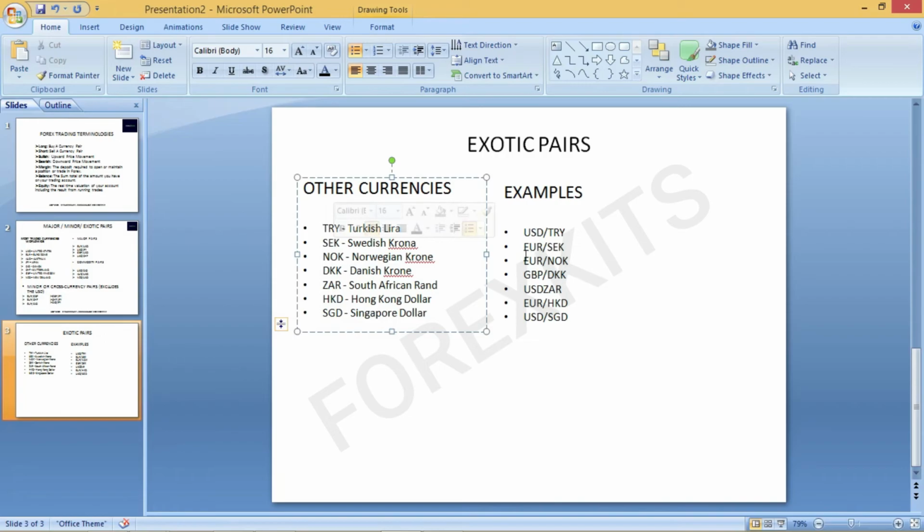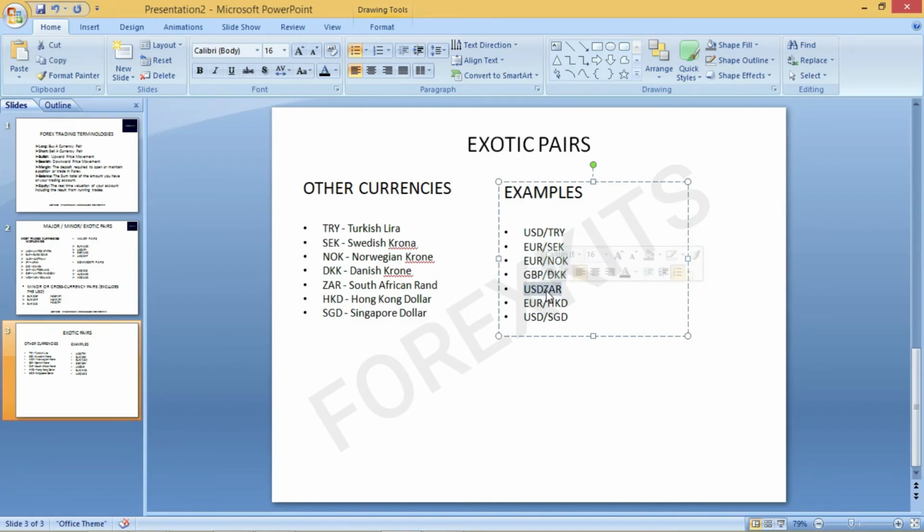An example would be the TRY, Turkish lira, trading against the United States dollar, or maybe the Norwegian krone trading against the euro. Another would be the South African rand trading against the United States dollar. That means that the United States dollar is the stronger currency compared to the South African rand.